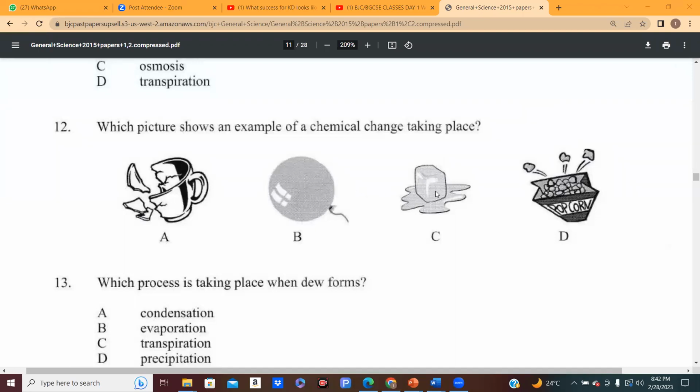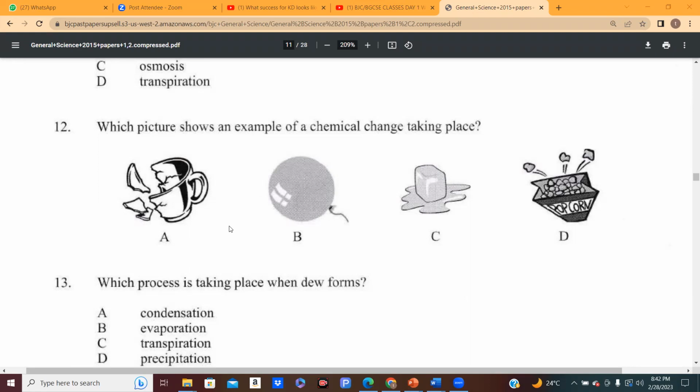If this ice melts and turns into water, we can easily put it back in the fridge, so it's reversible. This balloon, if we let the air out, we can blow it back up. This cup, we could put the pieces back together. So physical changes typically affect the appearance of an object, and they are reversible.